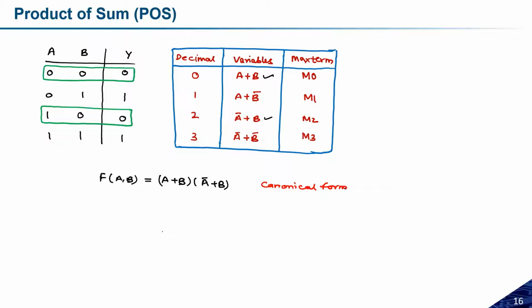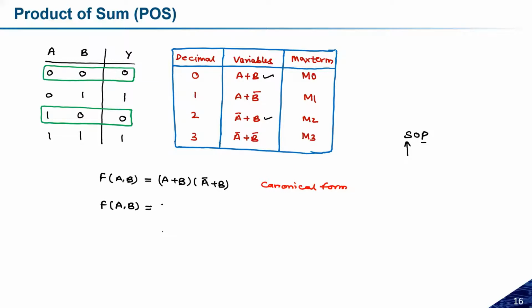Similarly, suppose I have to write in terms of the mixed term and other things, how can we write it? Let us represent the same function in a different way, something like F of A, B. Previously we were doing sum of product, and at the end we were adding the product terms. Here we are finding the product of some terms.